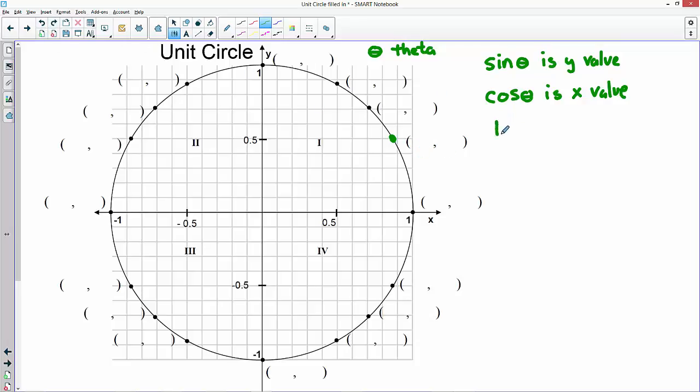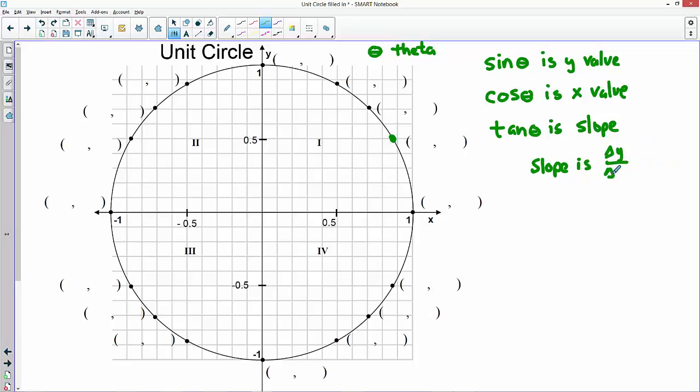Okay, and then don't forget tangent is the slope. So tangent of theta is the slope, and the slope is delta y over delta x, which in this circle is just the cosine of the angle. I'm sorry, I got it backwards. It's just y over x, right?